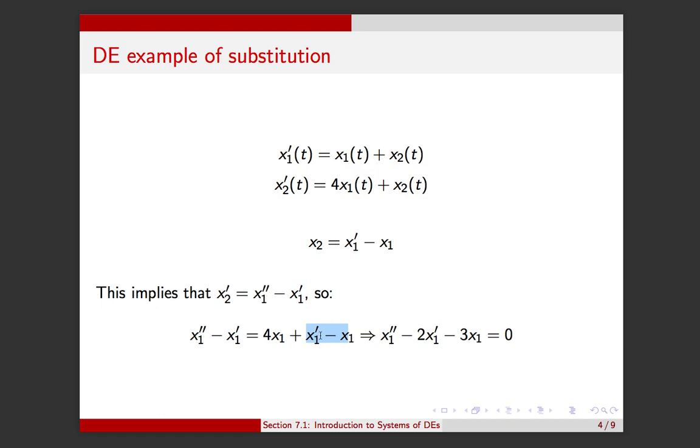So I just did a direct substitution. And then simplifying this a bit, with the 0 on the other side, I can scoot this 4x1 over, I can scoot that x1 prime over, this x1 over, and so on. If I just gather everything on the left, I end up with this: the second derivative of x1 minus twice the first derivative of x1 minus 3x1 is 0.